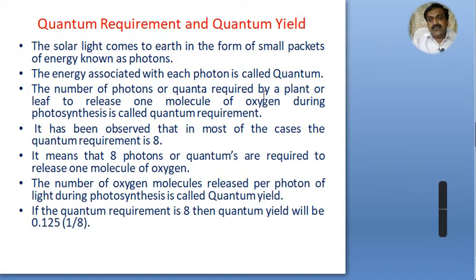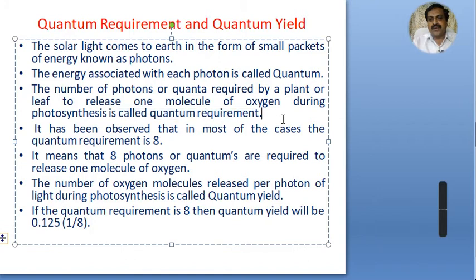So to release one molecule of oxygen as a byproduct, the amount of light energy the plant requires is what is called the quantum requirement.